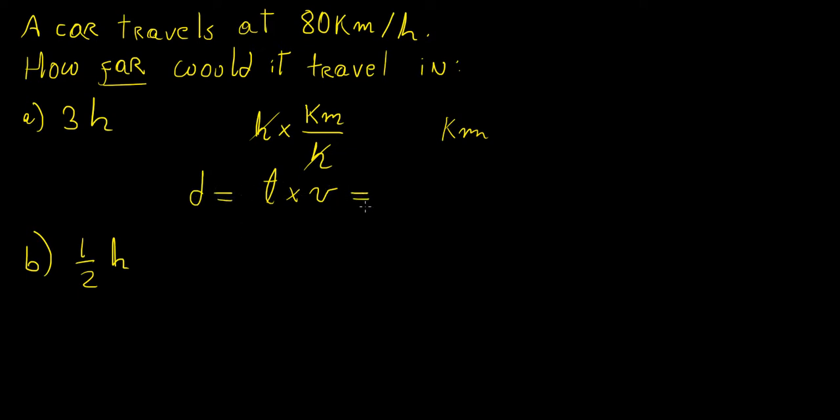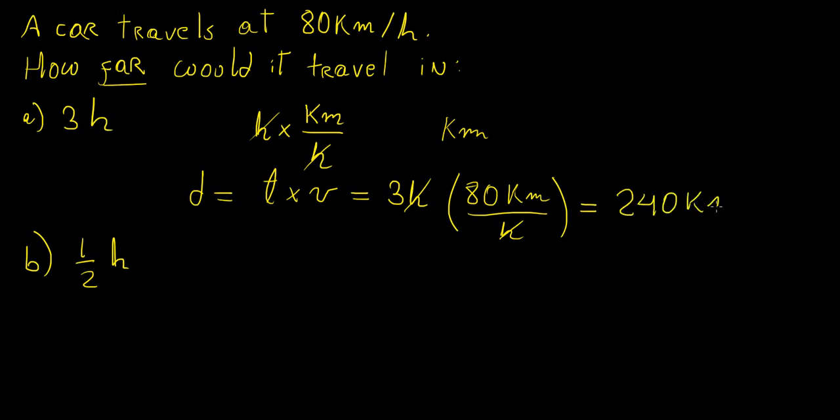In this case, the time is given as 3 hours. The speed is given as 80 kilometers per hour. So the hour units cancel out and we're left with 3 times 80, which is going to be 240 kilometers. That's the total distance traveled in that time.